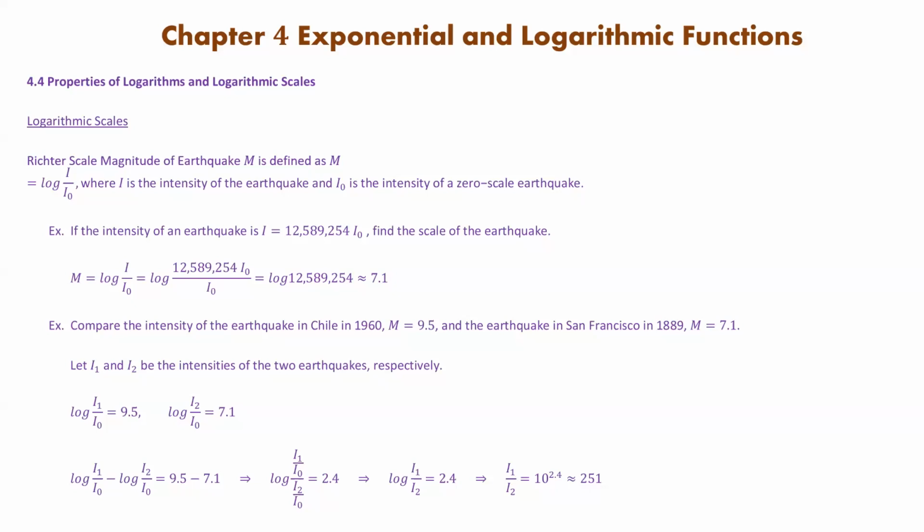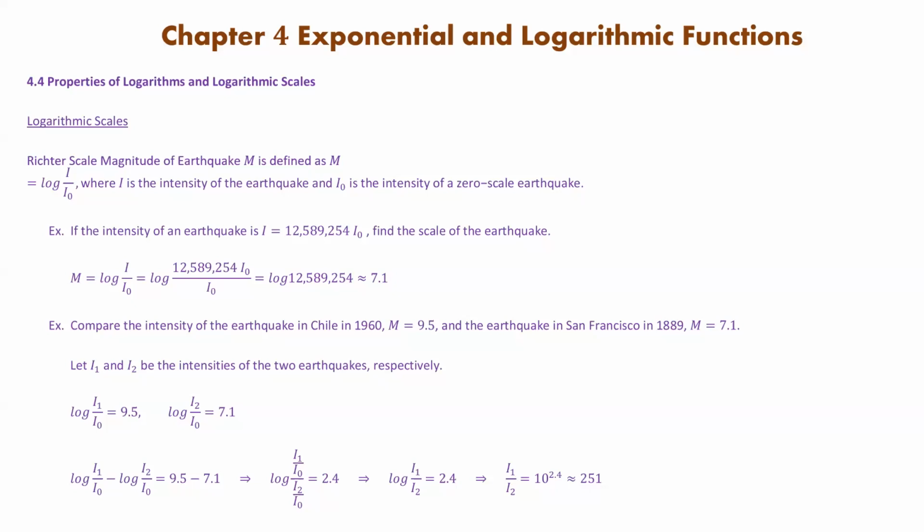So you can see the number 7.1 looks not like a big number, but the actual intensity of the earthquake is really, really strong. 12 million times the standard or reference intensity of the earthquake. All right. Any questions?